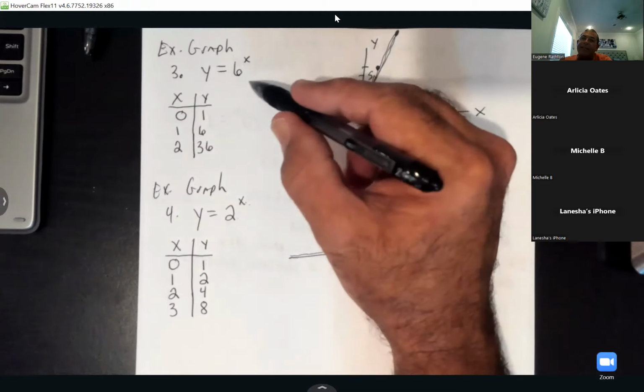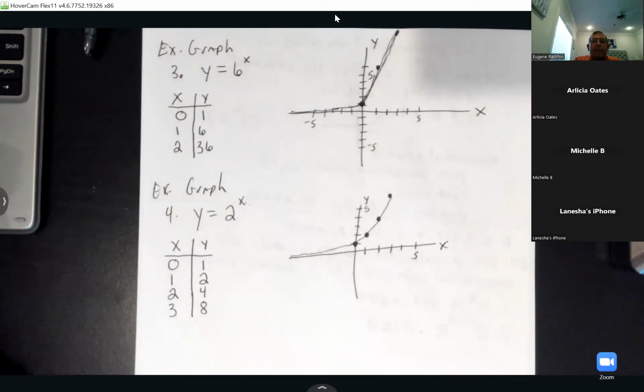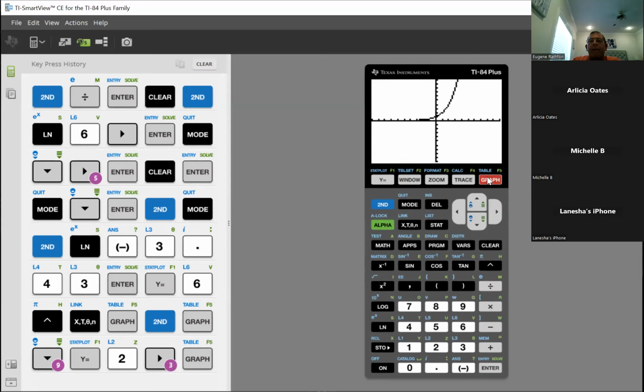Not as steep as the 6 did, but it's still increasing. So I'll show you that on your calculator too. So let's just change that 6 to a 2. And hit graph. So see, it's a little bit wider because it's not quite increasing as fast and steep as that 6 did.